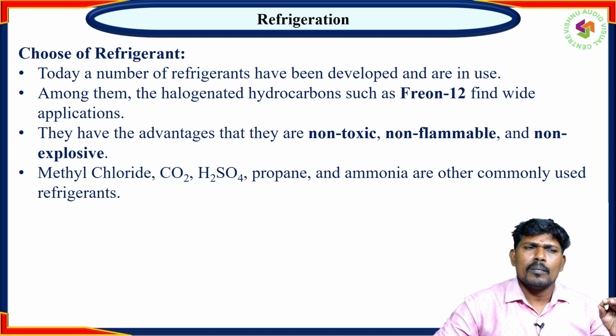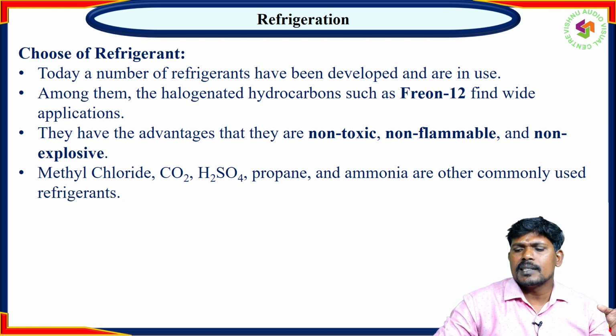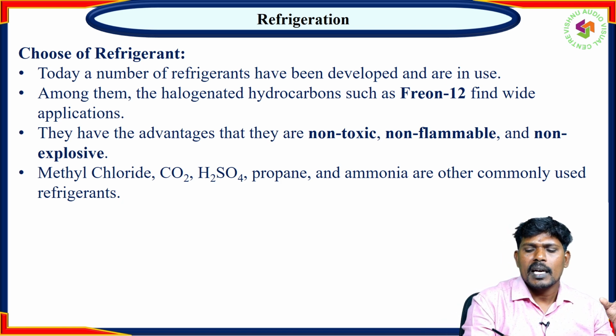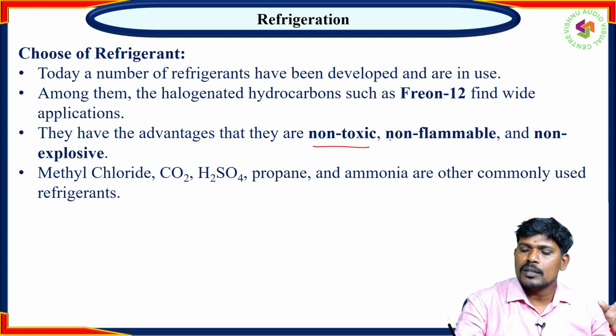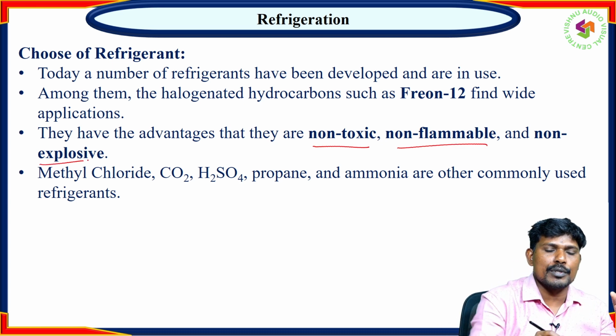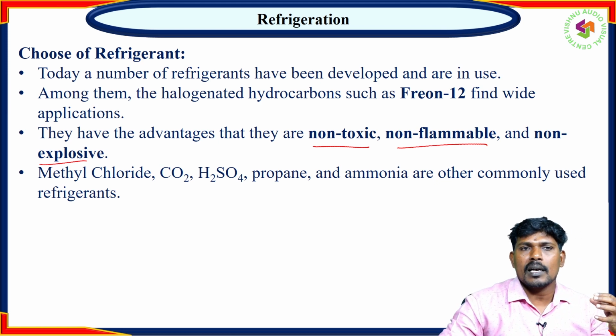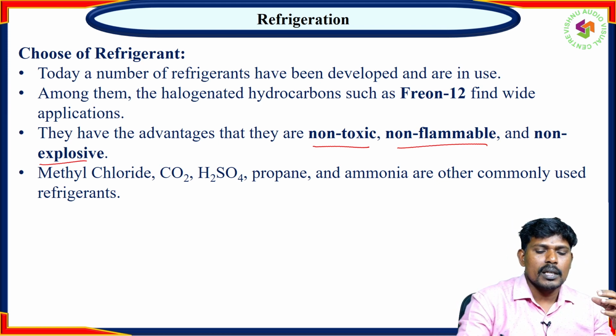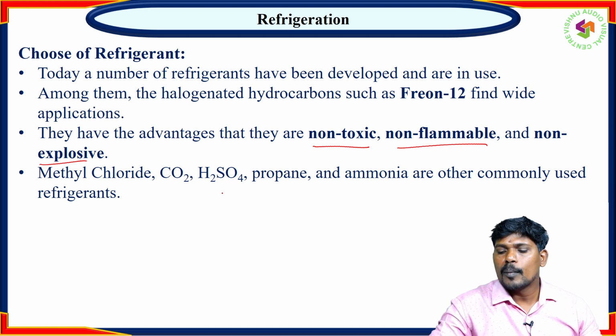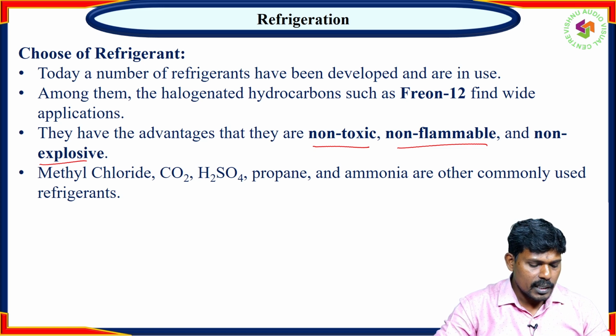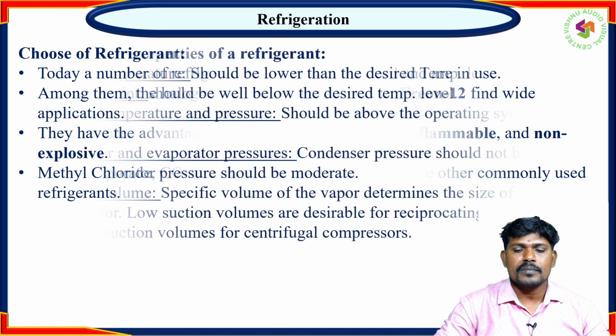But the widely used refrigerant is Freon 12, because it is non-toxic, non-flammable and non-explosive. Apart from it, other refrigerants are also in use: methyl chloride, carbon dioxide, sulfur dioxide, propane and ammonia.